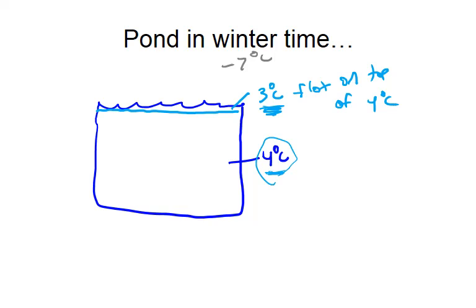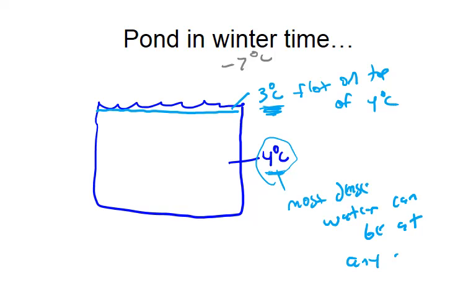And 4-degree water is the most dense water can be at any state. That's very unique, because we're typically used to seeing that as things get colder, they get denser, more compact. But 4-degree water is the most compact it can be. So that 3-degree water is going to float on top.